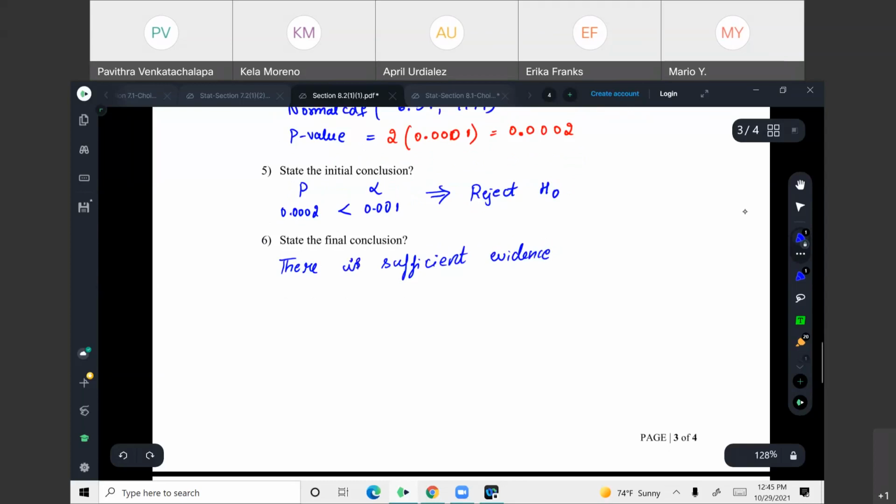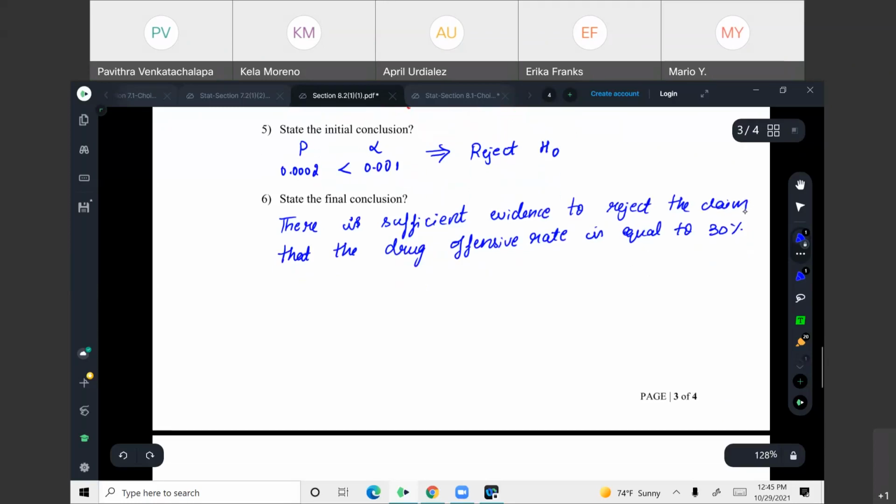There is sufficient evidence to reject the claim that the drug offensive rate is equal to 30%. That was the claim, and this is my final conclusion.